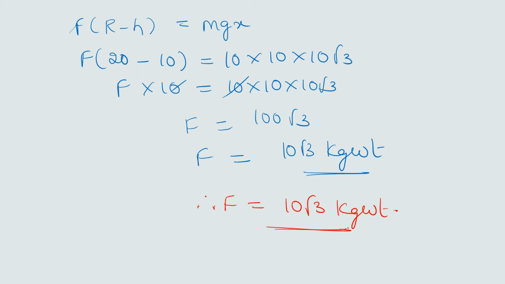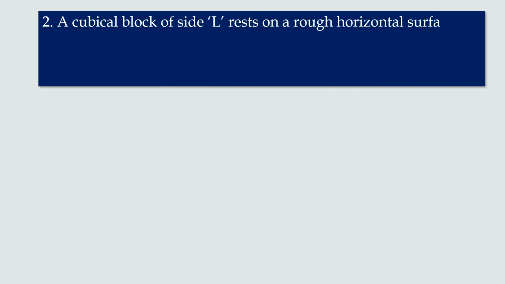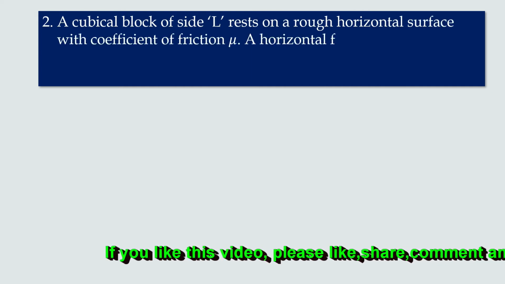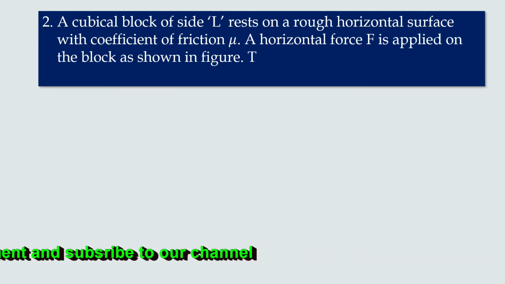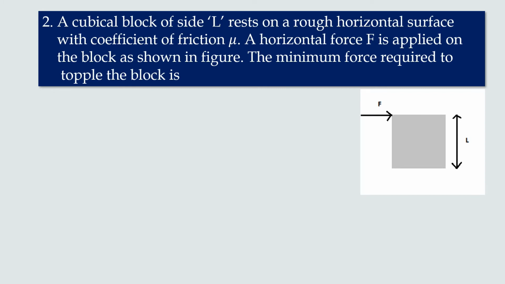Okay. Next we will go to the next question. In this question, a cubical block of side L rests on a horizontal surface with coefficient of friction mu. A horizontal force F is applied on the block as shown in the figure. The minimum force required to topple the block is, see the figure, this is the force, horizontal force is applied here.